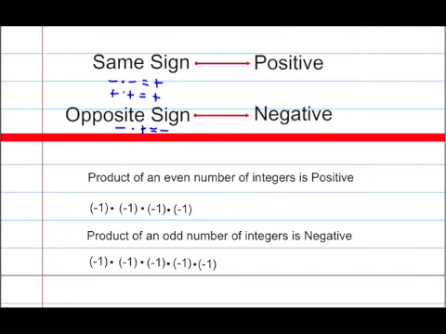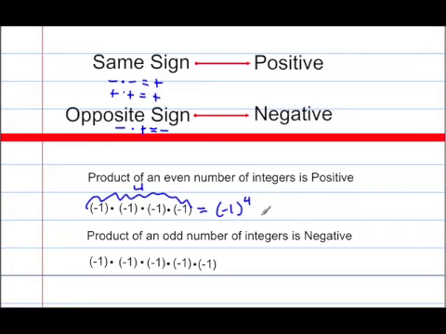Okay, so the product of an even number of integers is positive. What this is talking about is how many negative ones are there? Well, 1, 2, 3, 4. So there's 4 of them, right? So I could write this as -1 to the 4th power. It means the same thing as -1 times -1 times -1 times -1, 4 times.